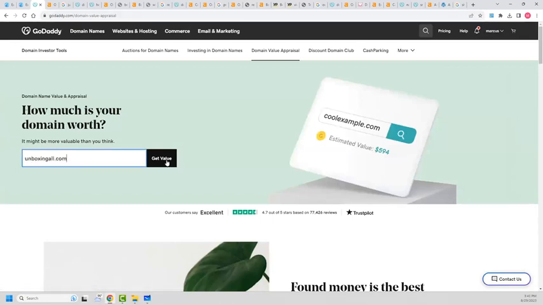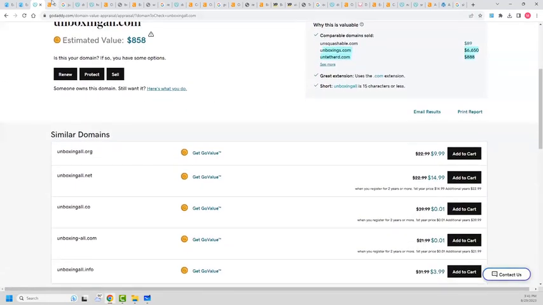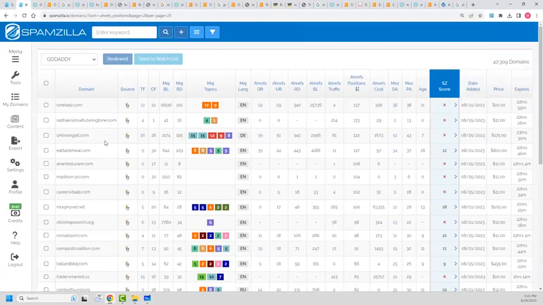If I had unboxingall.com, I would think if I waited long enough and found the right person, I could probably sell that for like $2,500. All right, let's see what GoDaddy says. 858. Unboxings went for 6,000. So I think I'm pretty on point with that amount. So if I could have bought that for 175, yeah, that would have been a good buy, I think.